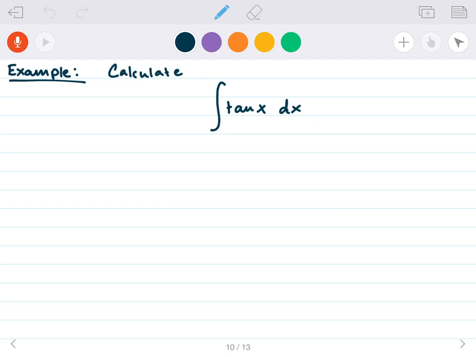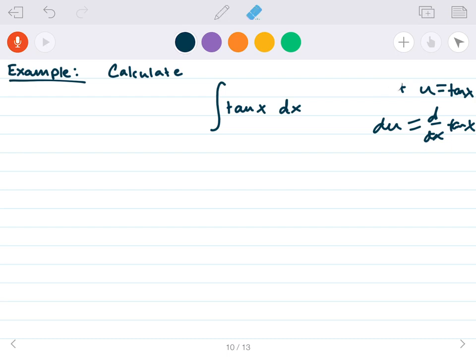So what is there to do here? Well, there's really nothing. Your natural instinct might be let u equal tangent of x. Then du is equal to the derivative of tangent of x. The point is that this is going to be ugly and nothing's canceling out when we take the derivative of tangent of x.